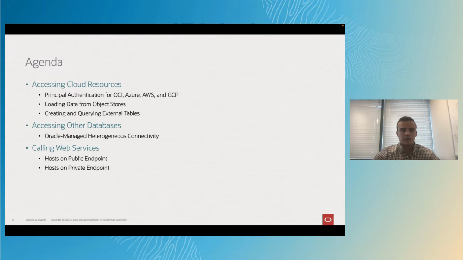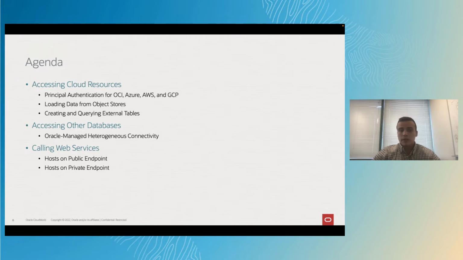And before we start diving deep into our main topic, I want to briefly talk about our agenda for this session. We'll start our main topic by talking about accessing cloud resources and how Autonomous Database makes this easy with principal-based authentication methods, not only for OCI, but also for Azure, AWS, and GCP.